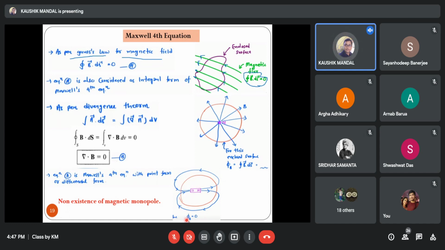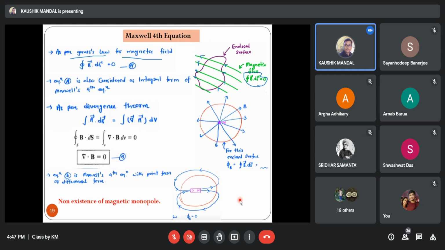So overall, the flux entering and the flux leaving the closed surface, it will be 0. So that is the discussion on Maxwell's fourth equation. Maxwell's fourth equation tells us that magnetic monopole cannot exist.